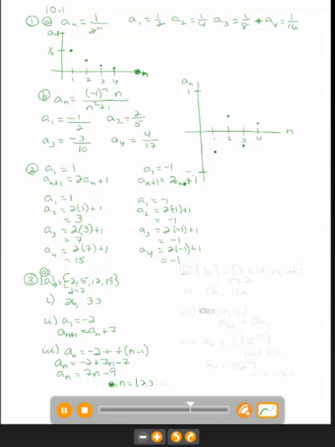Part B, the sequence, b sub n is going to be equal to 3, 6, 12, 24, 48, and so on. So now, what's happening here for part i? They want us to list the next two terms. And what is it doing?